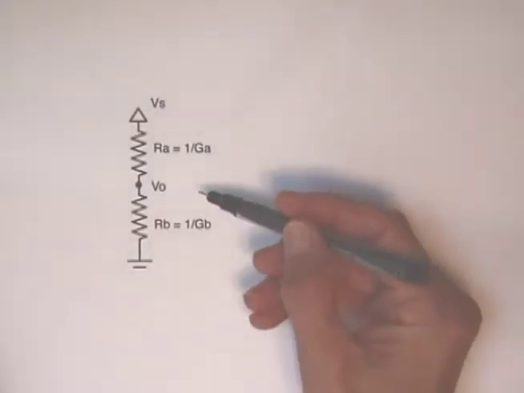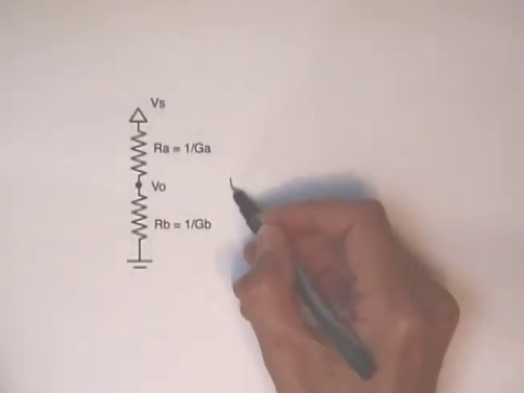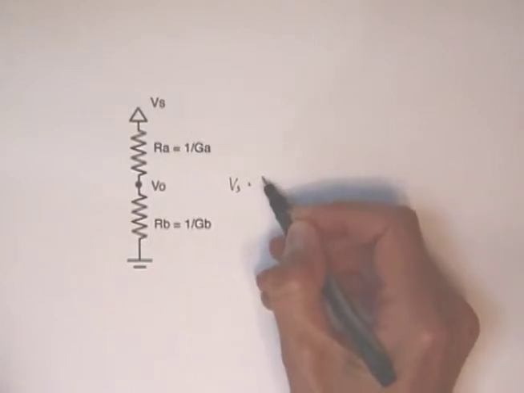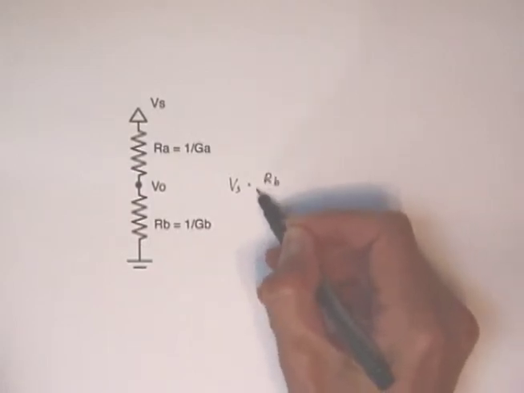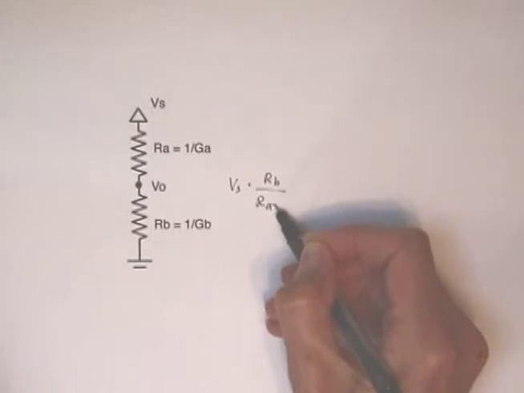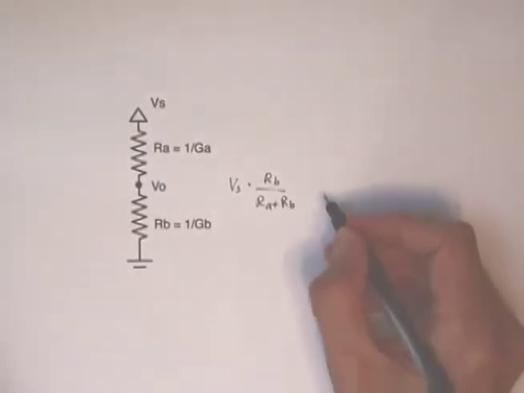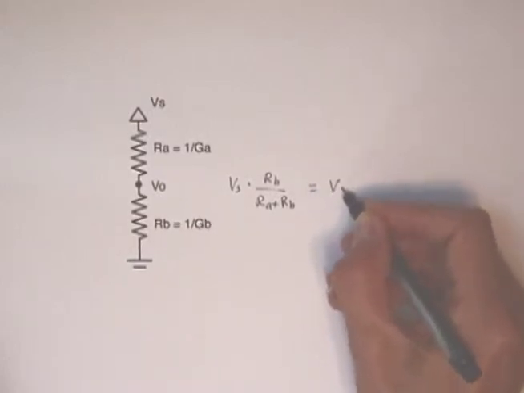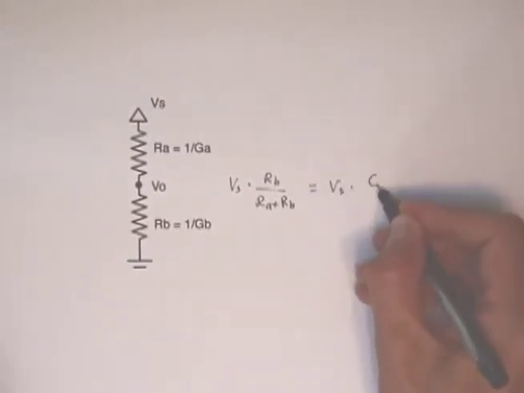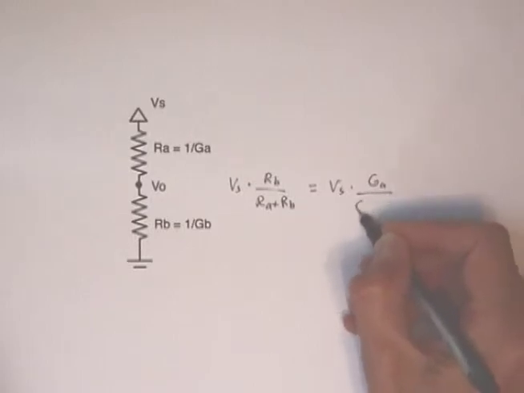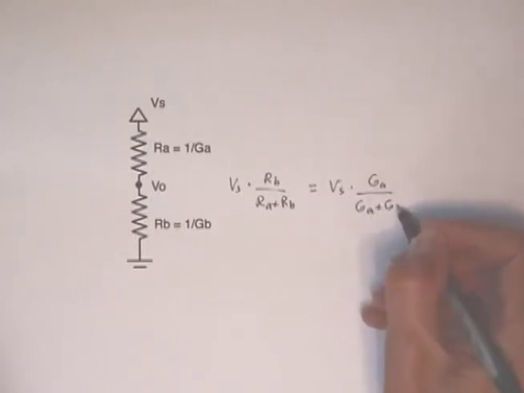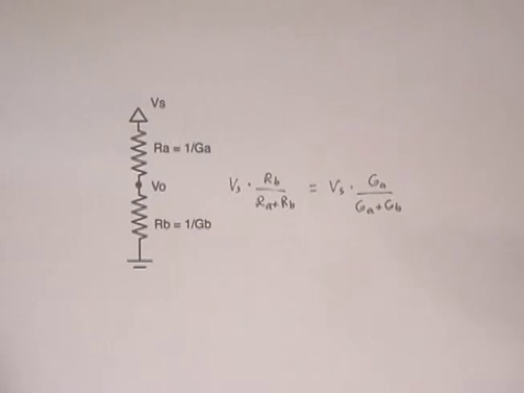The voltage at the intermediate point here is Vs times Rb over Ra plus Rb in terms of resistance, and it's Vs times Ga over Ga plus Gb in terms of conductance. And remember that the conductance of a bunch of resistors in parallel is simply the sum of the individual conductances.